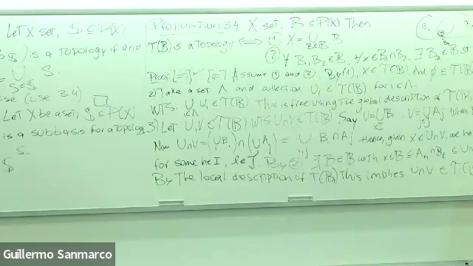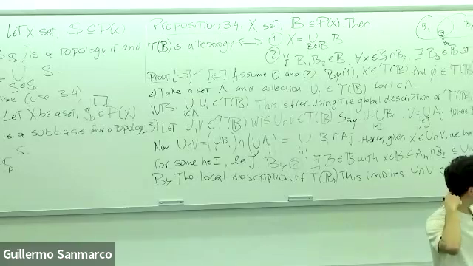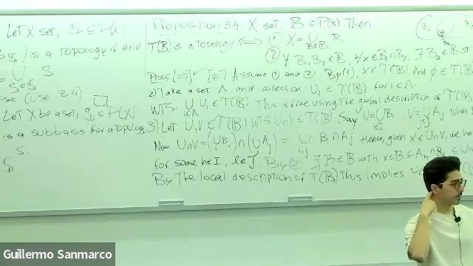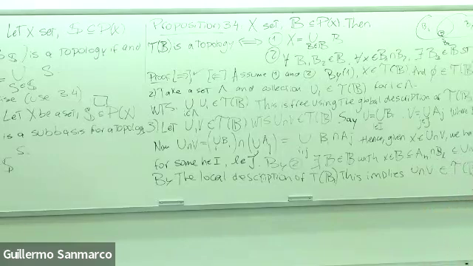B of S is the collection of finite intersections of things in S. And then the basis is going to be unions of things in B of S, which means unions of finite intersections of things in S. And S is just a subset of the power set. Yeah, yeah.